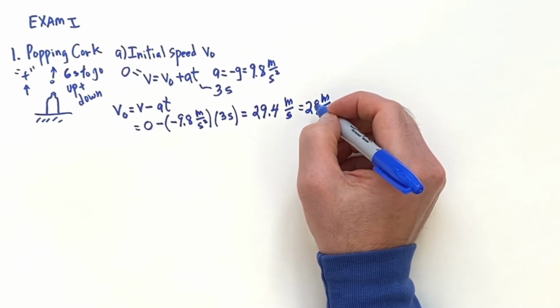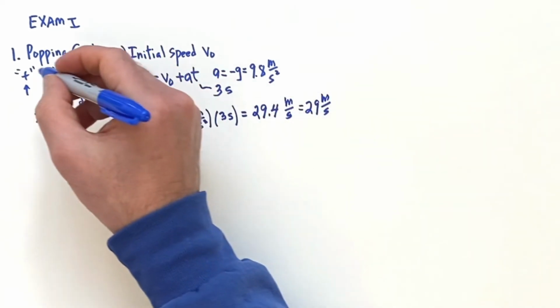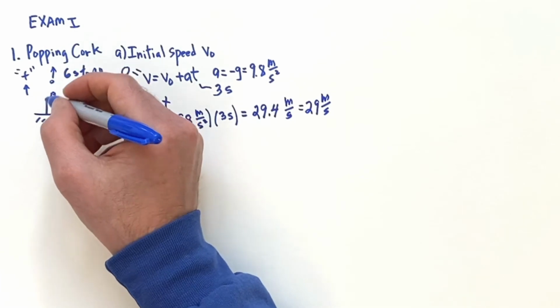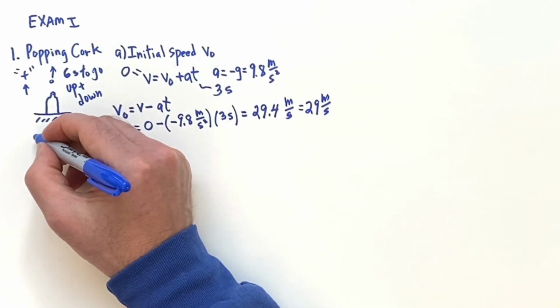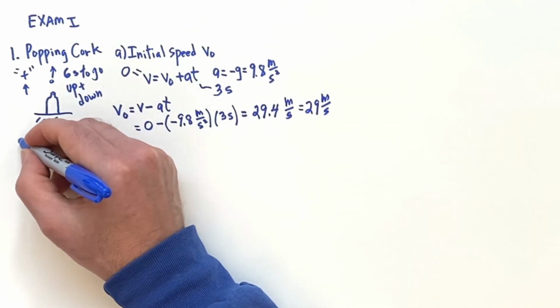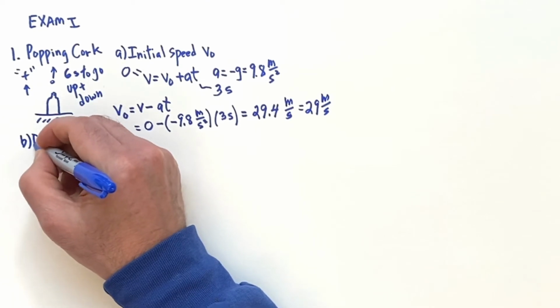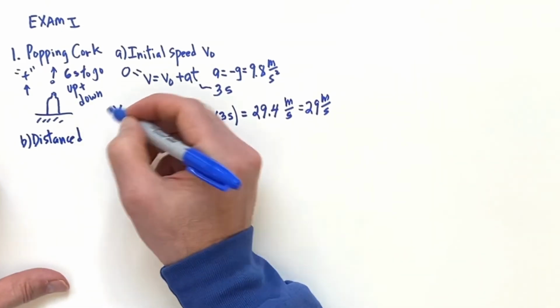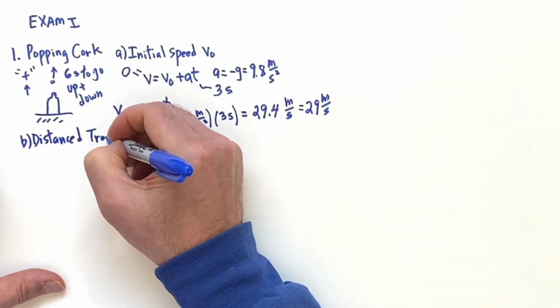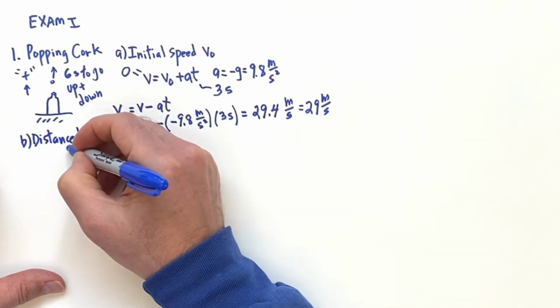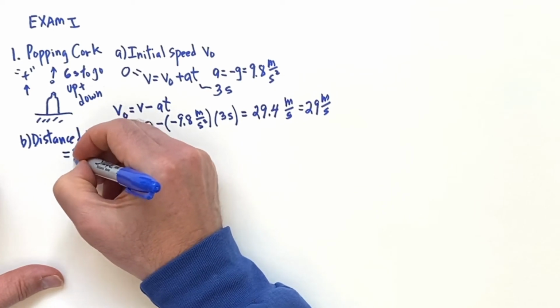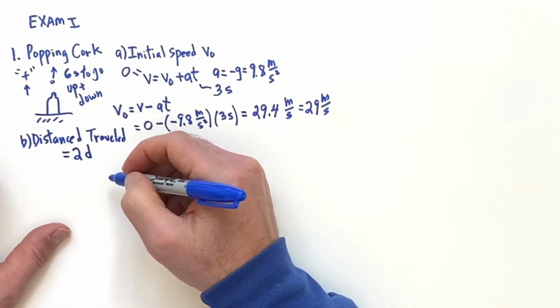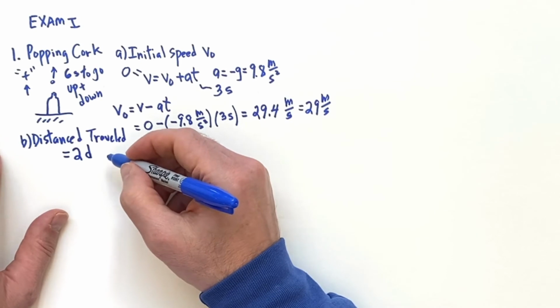Now, the next question is the distance traveled. So here, what I'm going to do is say distance traveled, I'm going to call that 2D, and then find the distance one way.